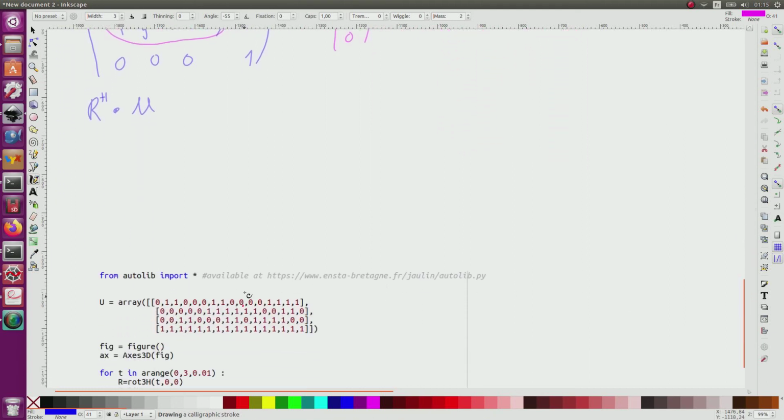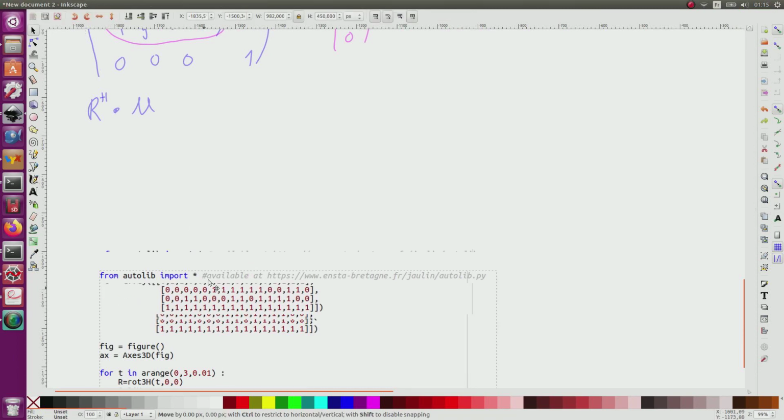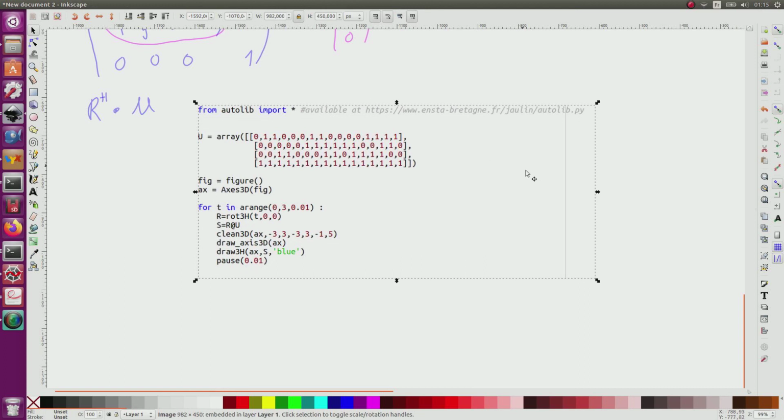Okay. So I will now make a Python program for this, which is given here. Which is very similar to the previous one. But now I will make a continuous rotation in a for loop. So the program is the same as previously. U is a unit cube. I create my axis and the figure.